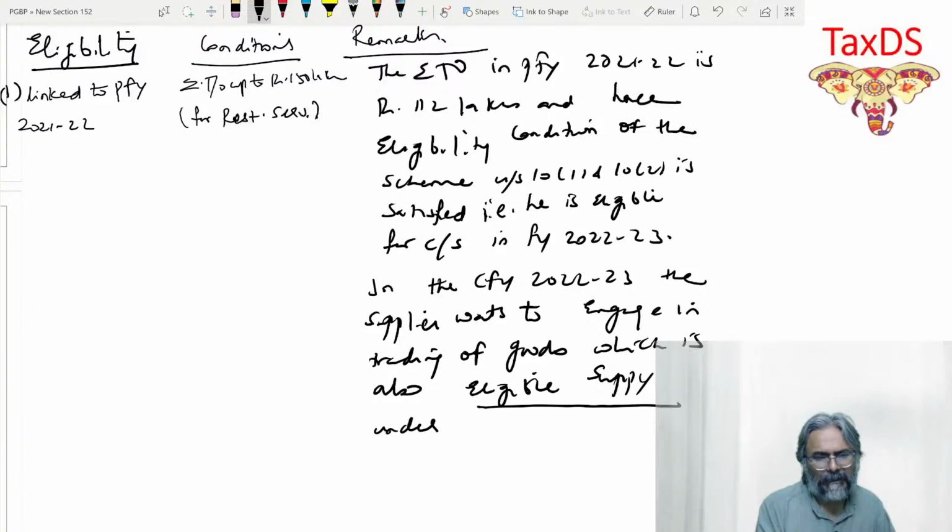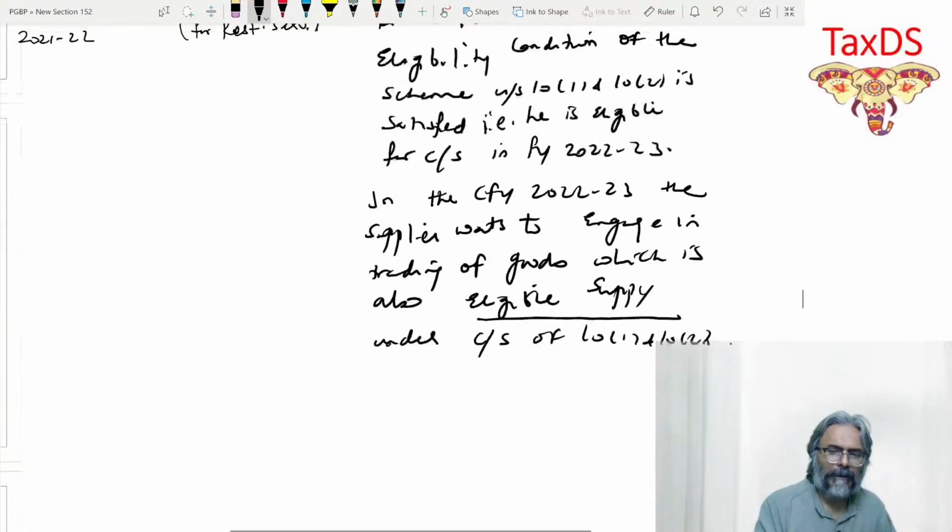Underline the words eligible supply under composition scheme of 10(1) and 10(2).